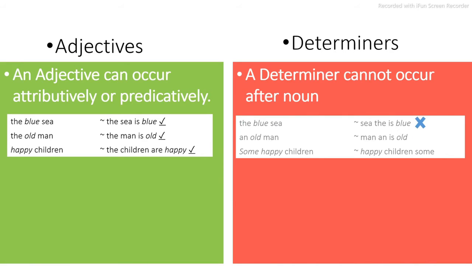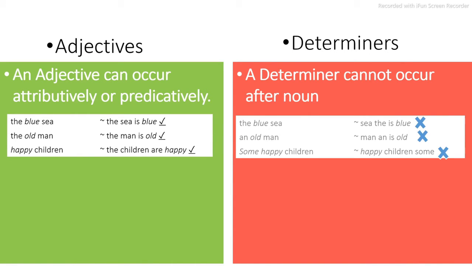We cannot use it like that. This is the difference. An old man can be written, but man an is old cannot. This article is called a determiner, which is used before a noun, but it cannot be used after the noun. We cannot say man an is old. No, that looks so funny. And some happy children is correct, but happy children some is incorrect.